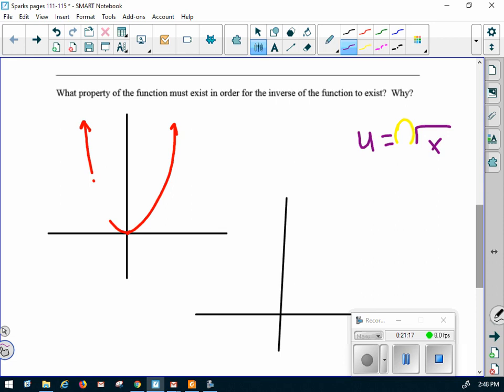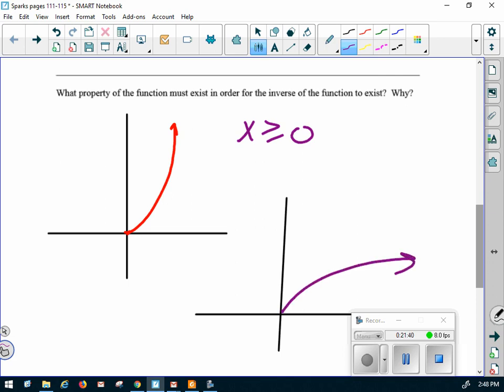The only way we can make this have an inverse that's also a function is to do what we call restrict the domain. And what that means is, I would say, as long as x is greater than or equal to 0, that thing does have an inverse that's a function. Because it would be this top half up here like you guys were saying to me.